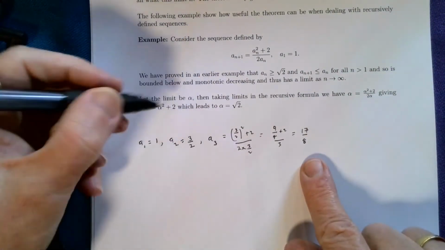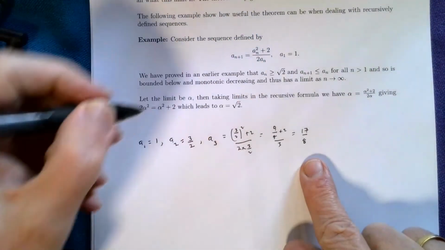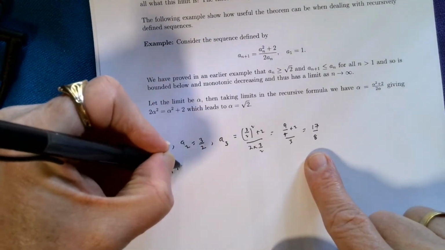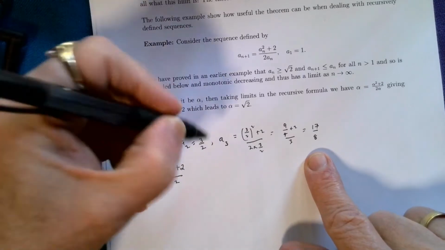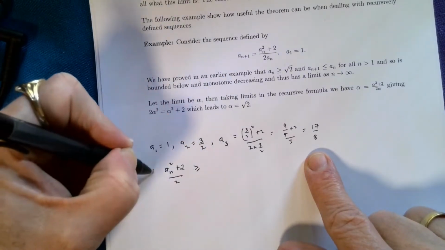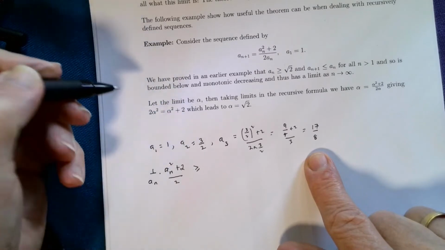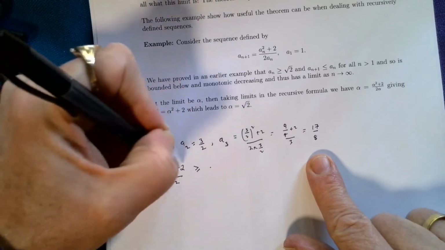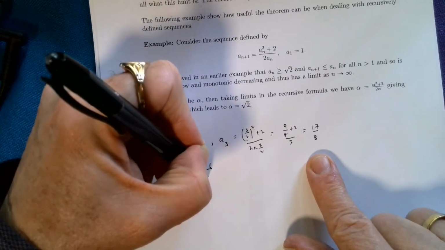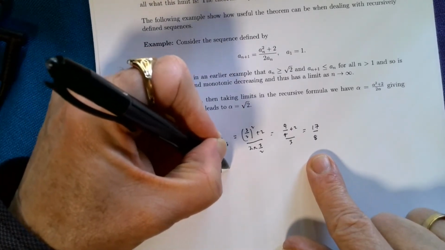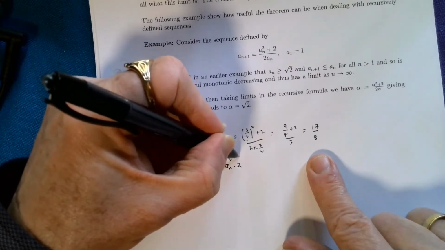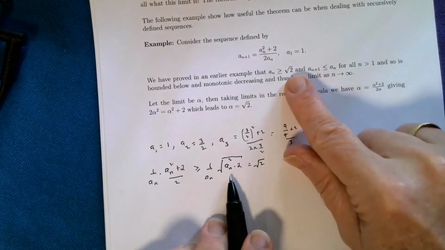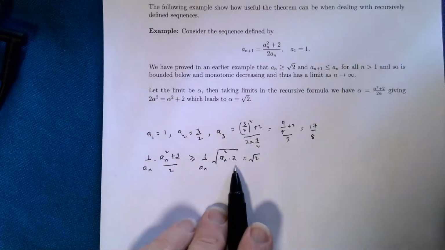We said that (a_n squared plus 2) over 2a_n, we used the AM-GM inequality and said this is the average of these two, so that was bigger than or equal to the square root of their product. When you simplified that, you saw we got root 2. We proved that this sequence is always bigger or equal to root 2.